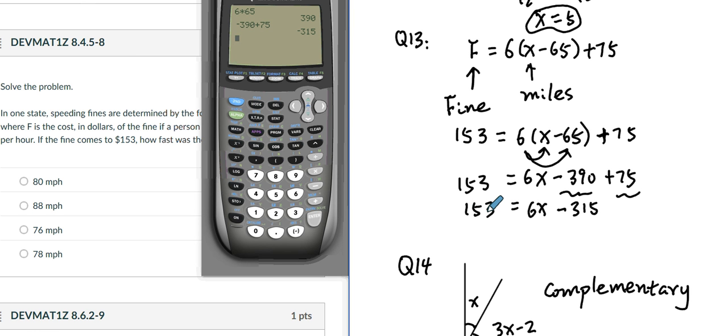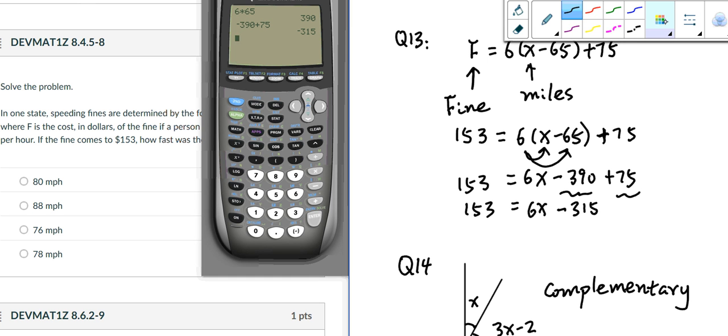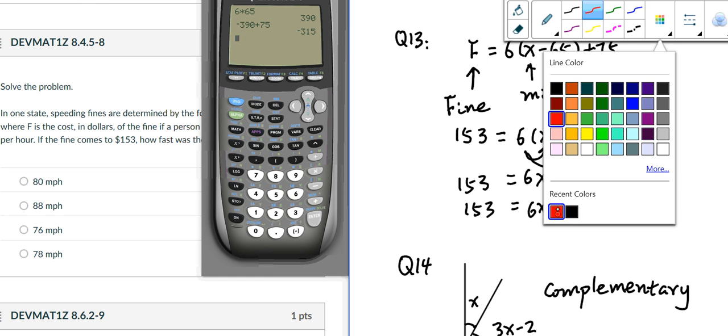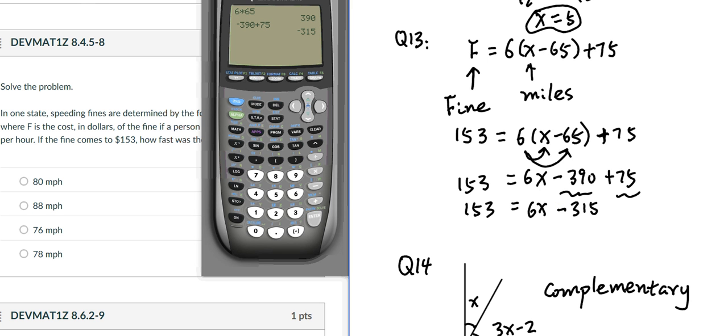And then if you do addition on both sides, so you will add 315 on both sides. Then these two will be cancelled.